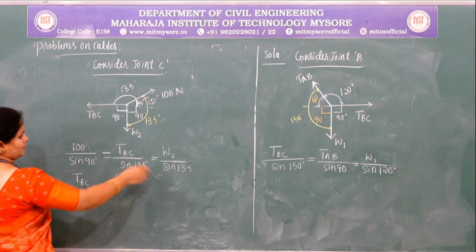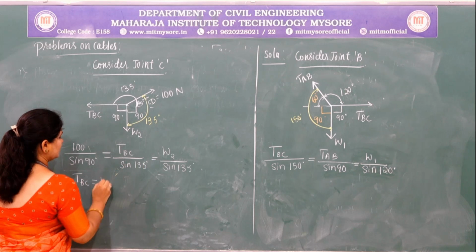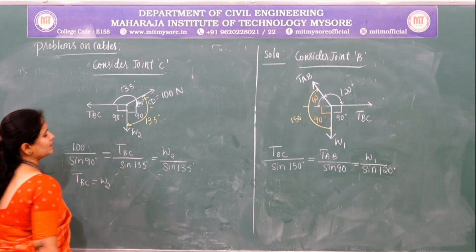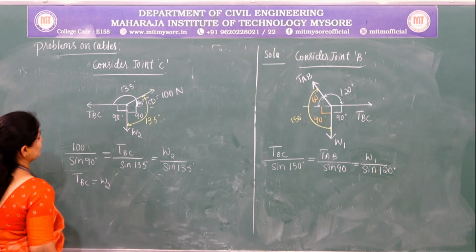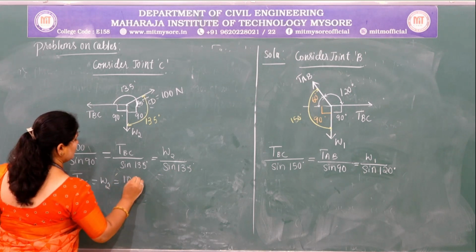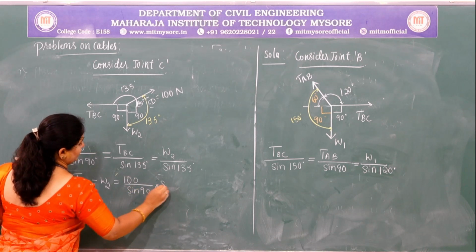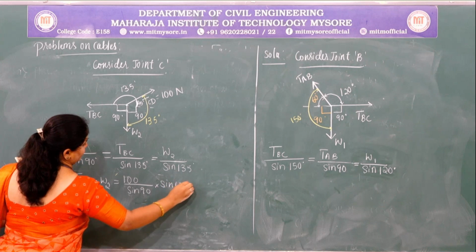TBC and W2 will be equal because the angle between the other two is same. So which is equal to 100 divided by sine 90 multiplied by sine 135.